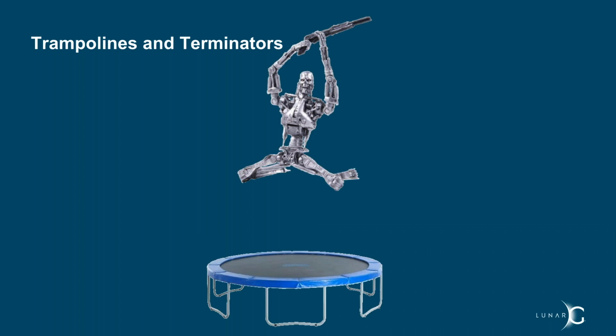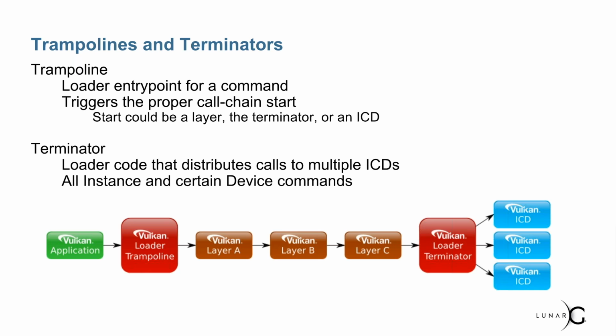Now we're going to talk about trampolines and terminators. Not these kind, as fun as that would be. In the case of the loader, a trampoline is the very first entry point for a command. So as the diagram at the bottom shows, you have an application, you have the first entry into the loader, which we call a trampoline.